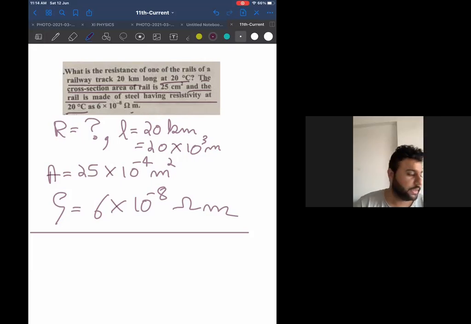Give me the answer as soon as you get it. Let me know what is the answer for resistance.